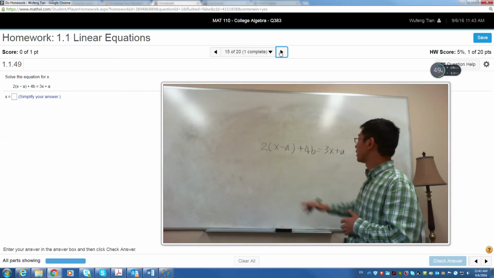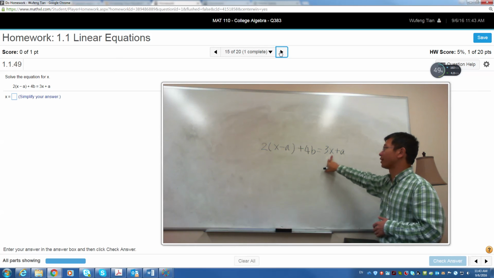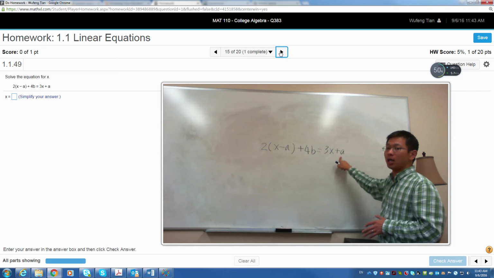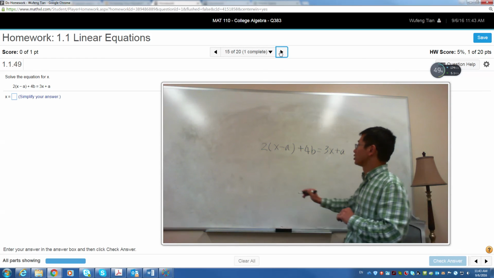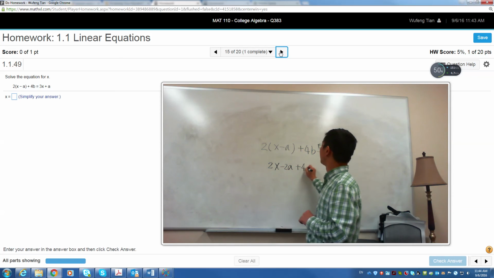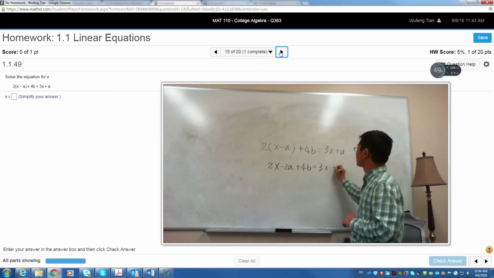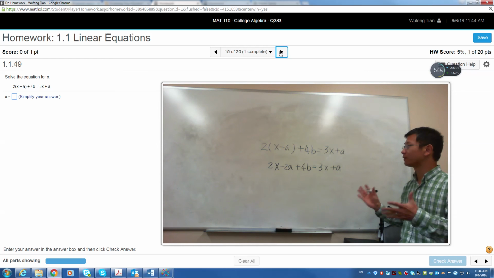Okay, so I want to solve for x. The reason I want to give you this example is because it has a and b's. A and b, you just treat as constants. So what you have is 2x minus 2a plus 4b equals 3x plus a. You have two different ways to do it.